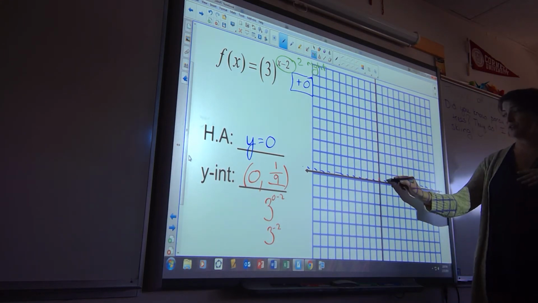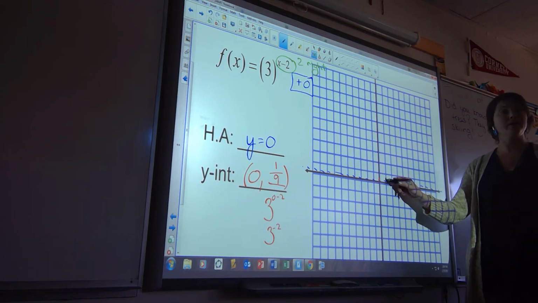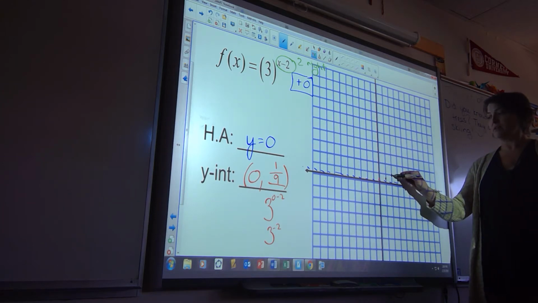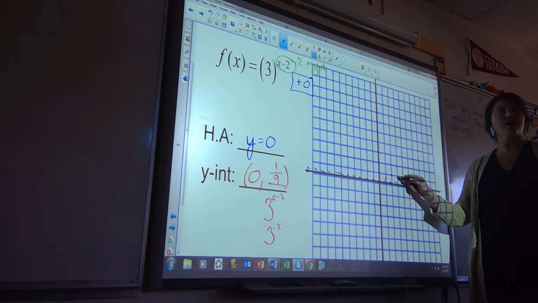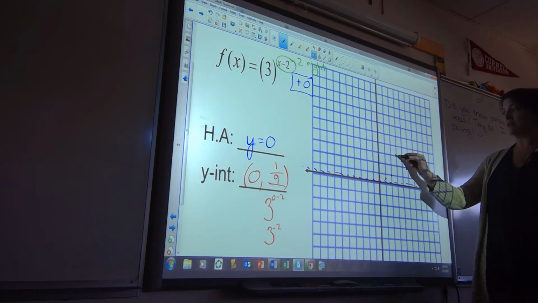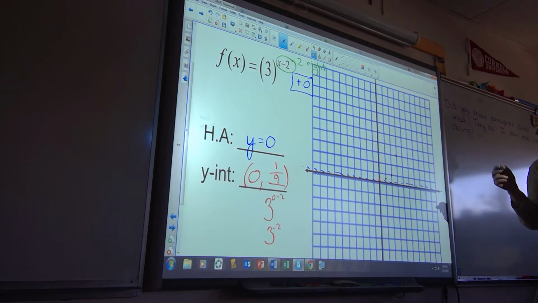So my next point over is at 1/3. My next point over, 1/3 multiplied by 3 becomes a 1. And then my next point over, a 1 multiplied by 3 becomes 3. So it's kind of like you're moving the y-axis over. However you want to think about it, yeah. There's my 3 key points.